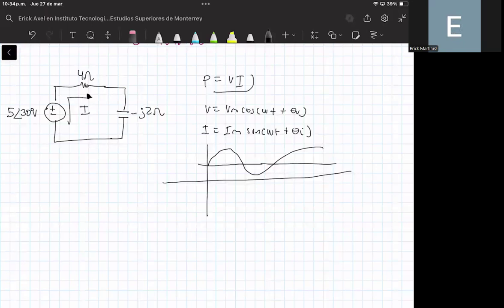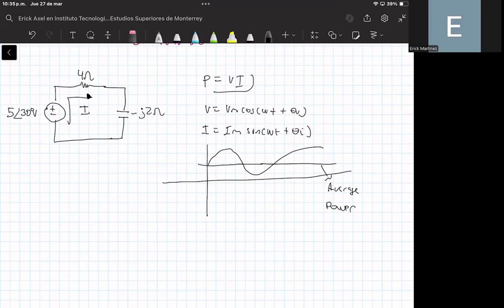And this constant component is what we call the average power. So the constant, or the offset, of this sinusoidal is what we call the average power. And the instantaneous power is basically the varying component, or the component that changes with time.